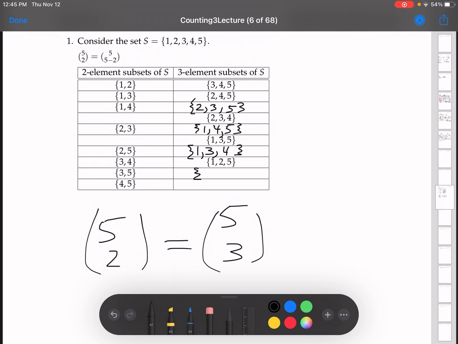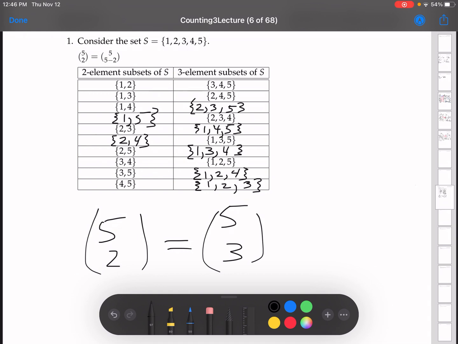We've got 1, 2, and 4. 4, 5, what's in S that's not in 4, 5? 1, 2, 3. Okay, so what would go over to 1, 3, 5? You'd have a 2 and a 4. And what would go over to 2, 3, 4? A 1 and a 5, right?